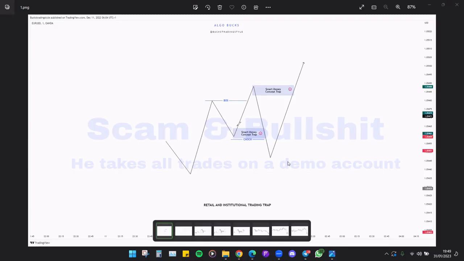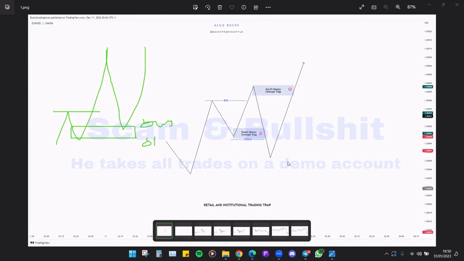When they see a break of structure, they mark the order block just below the break of structure, and that's their POI, and they set their buy limit and stop loss below. They want to see price come down to tag them in and then go back up. This is what smart money wants to see.